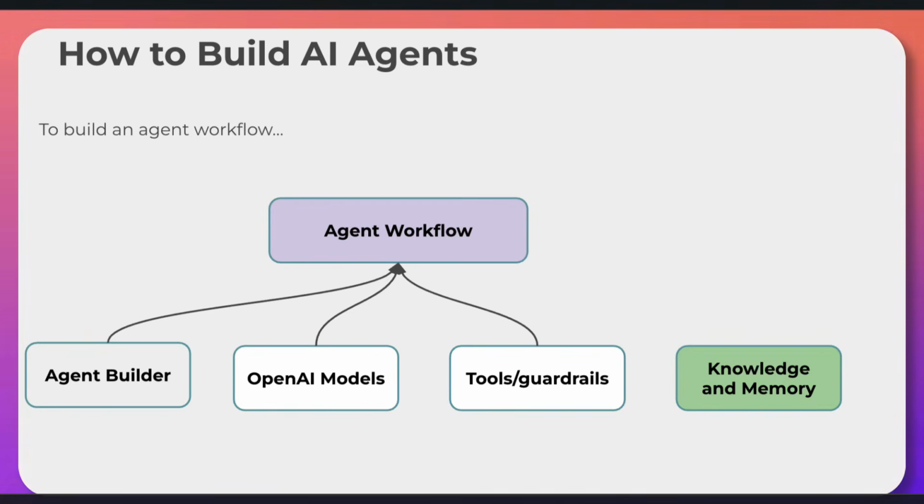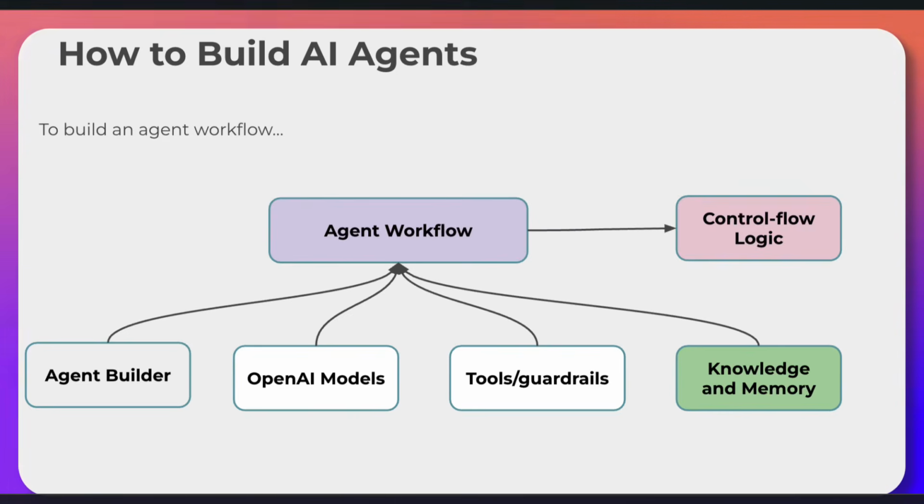These agents will need access to a knowledge base, which could be a vector database or files that you upload. But it also needs memory, so that our agents have more context of previous conversation. And of course we need a way of guiding the workflow. As these pieces are communicating with each other, we need control flow logic such as if statements, while loops, and all of that.